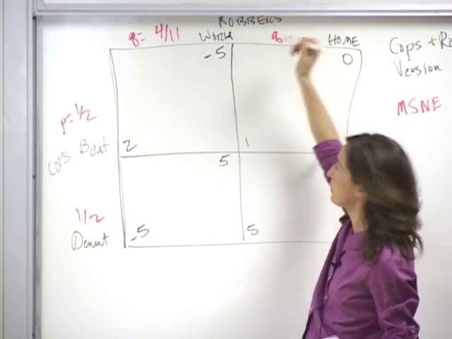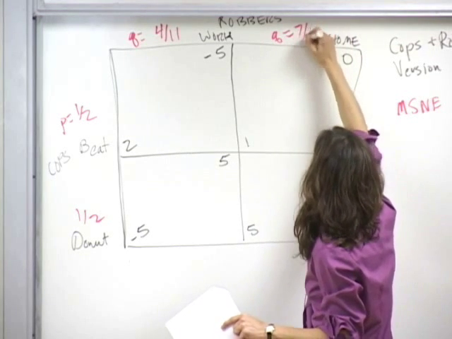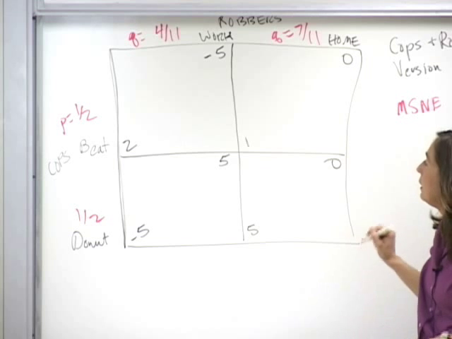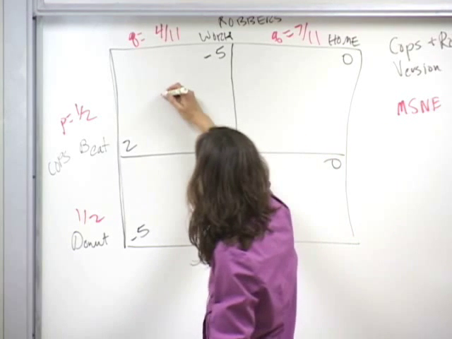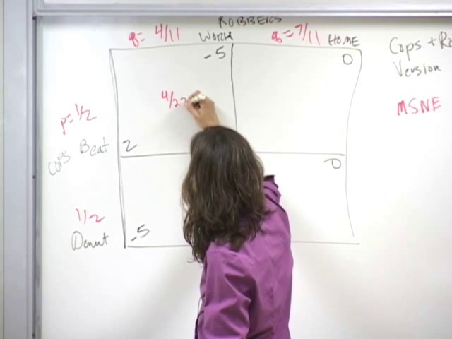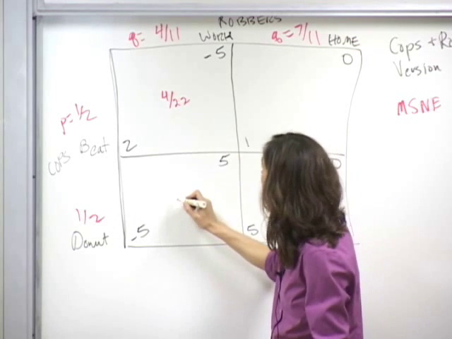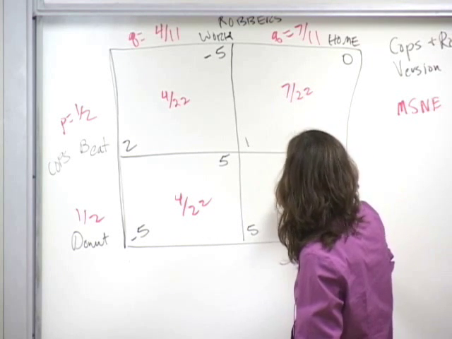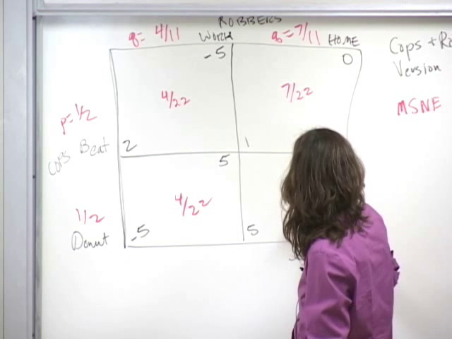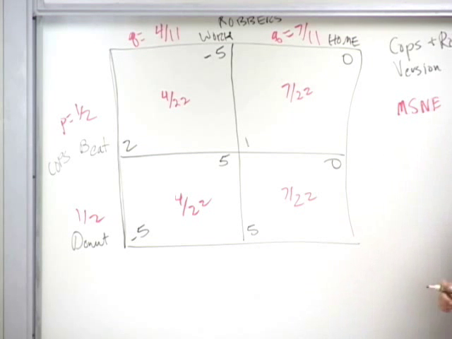I'm using the same variables as I used last week. It's all review. They stay home with probability 7/11. Okay, so the probability that we're in this cell is 4/22. Same here. Probability we end up in either of these cells is 7/22.